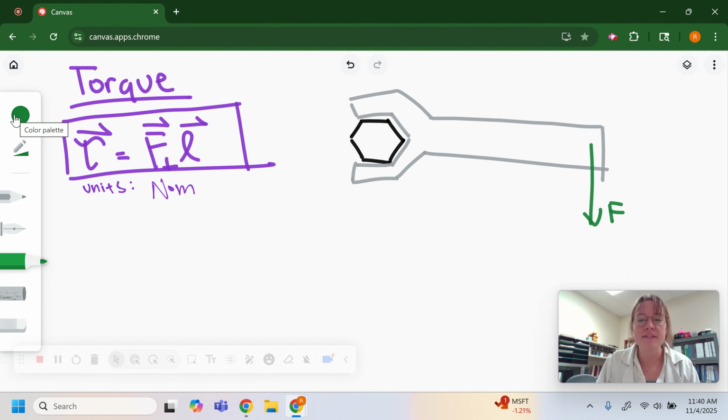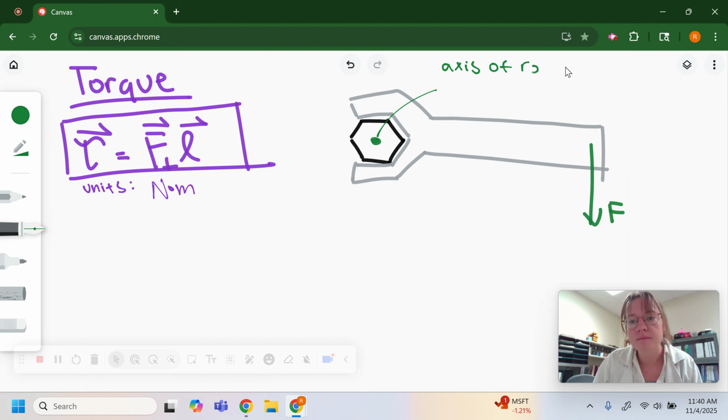Now, there are a few key little vocab-y things that we have to talk about here. First, right here, this is the point that the bolt is going to spin around. This point that the bolt spins around, this is what we call the axis of rotation, or sometimes we call it the pivot point, or sometimes we call it the fulcrum.